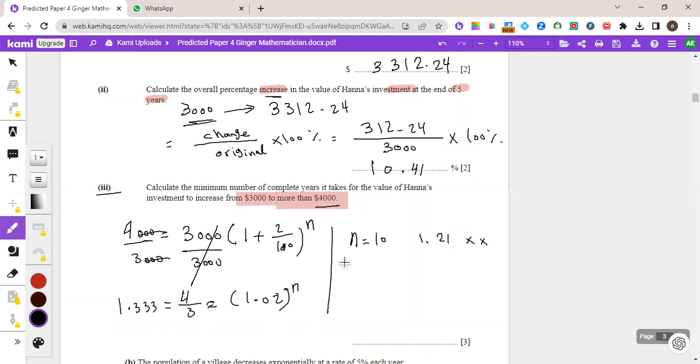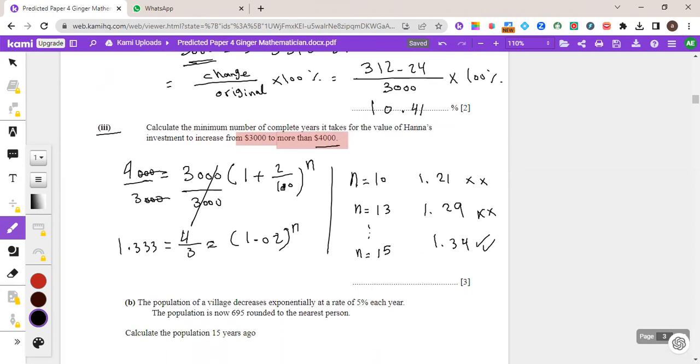So not correct. Try n equals 13. No, n equals 14 works though. It's going to be 1.31. So it has to be n equals 15, because n equals 15 is 1.34, which is correct. So it will take 15 years. 15 years. Okay?